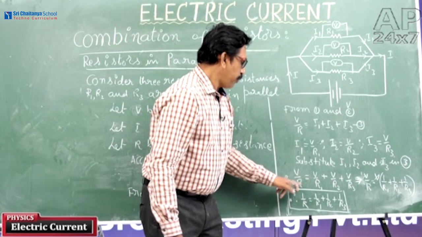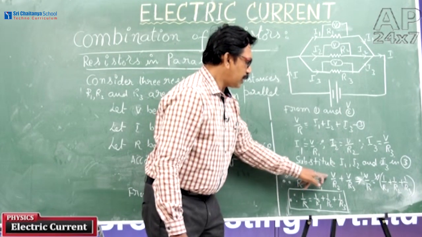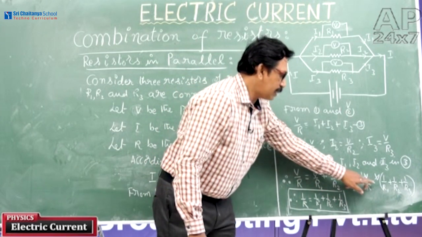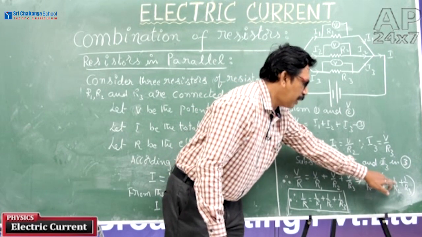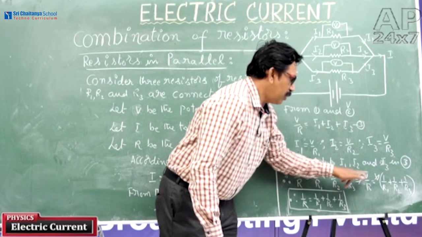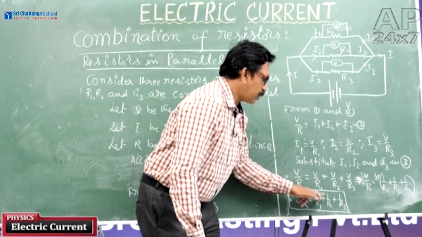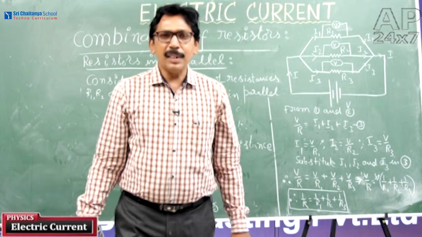After substitution, I got V by R is equal to V by R1 plus V by R2 plus V by R3. V is taken as common: V by R is equal to V times 1 by R1 plus 1 by R2 plus 1 by R3. V gets cancelled, then I got 1 by R is equal to 1 by R1 plus 1 by R2 plus 1 by R3. Students, are you feeling it's easy?